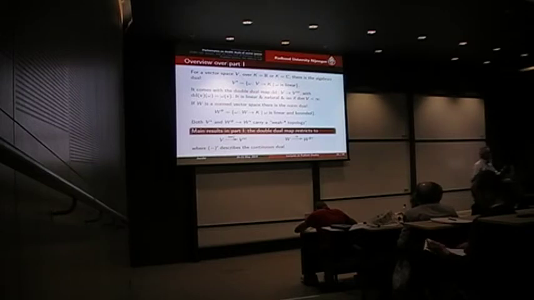If you choose a basis for V, that gives you a basis for V star, and you get an isomorphism. But the isomorphism depends on a choice of basis. To the double dual, you don't need to have a choice of basis. There is a map going into that. And if the space V is finite dimensional, you know that V star and V double star have the same dimension.